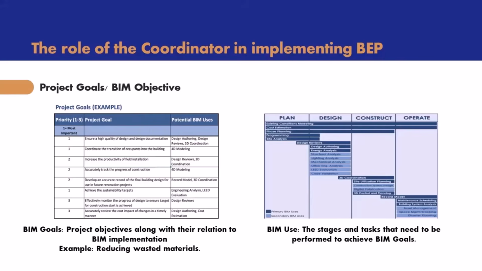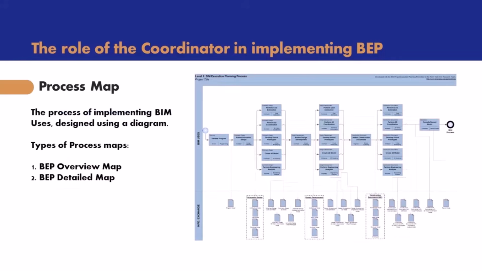So that's it for project goals, BIM objective, and BIM use. Okay, the next part is about process map, which is related to BIM use. Alright, we have process map here, the process of implementing BIM uses, designed using a diagram.